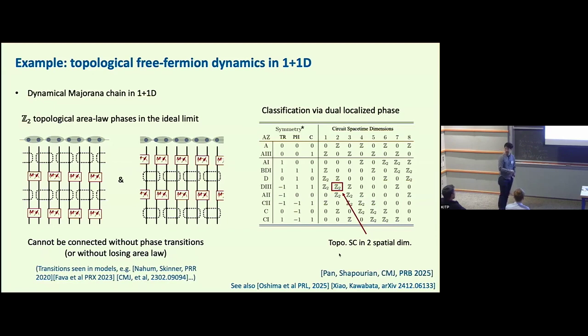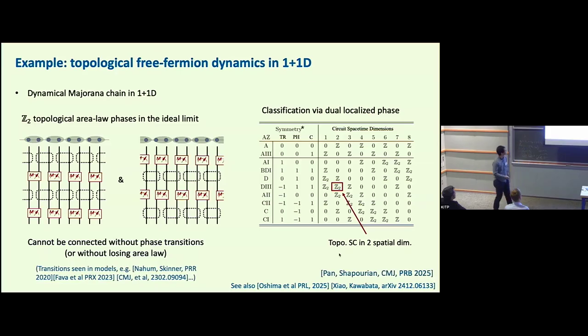So these two pictures are really sort of dual to each other, which is very easy to understand. And basically from here, you know that you cannot go from this picture to that picture without causing a phase transition. In fact, these phase transitions have already been studied in various contexts and different models previously. But here I want to just emphasize that these two are topologically distinct.